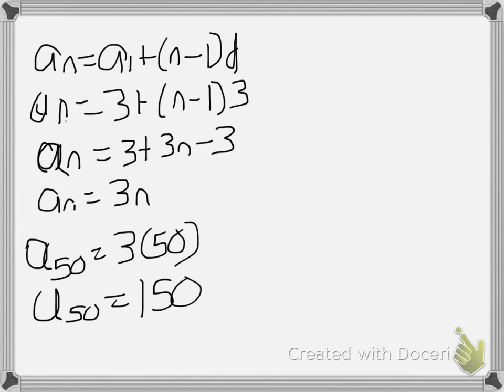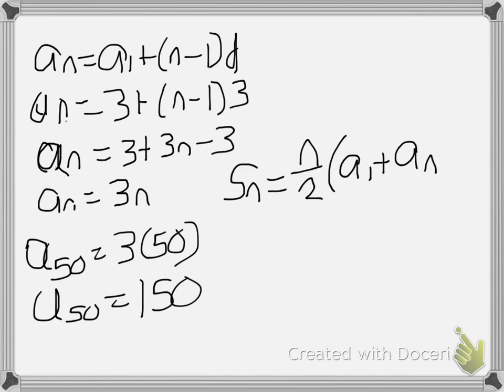Now you can find the sum by substituting the values into the formula. Remember the formula: the sum of the first 50 terms is just n over 2 times the quantity a sub 1 plus a sub n.